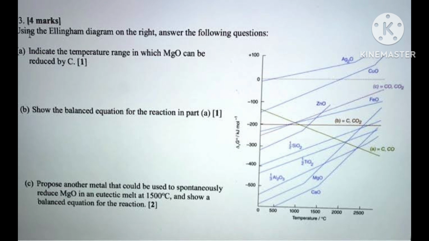For this reaction, delta G becomes 0. Delta G becomes 0 for this reaction. Then below that point, magnesium can reduce alumina.